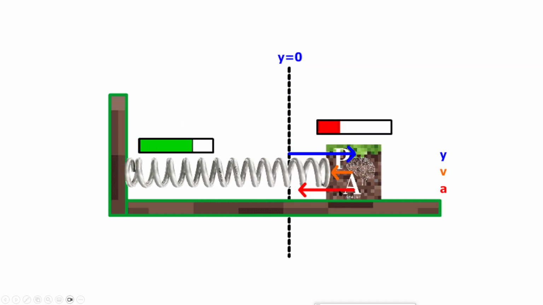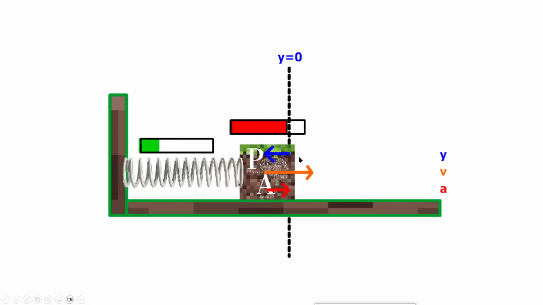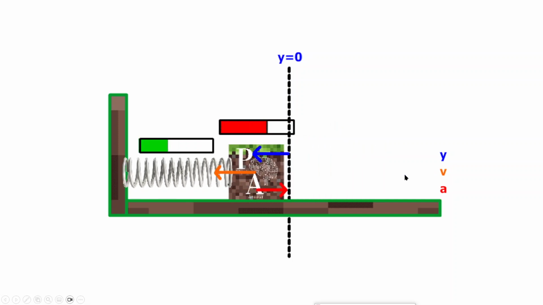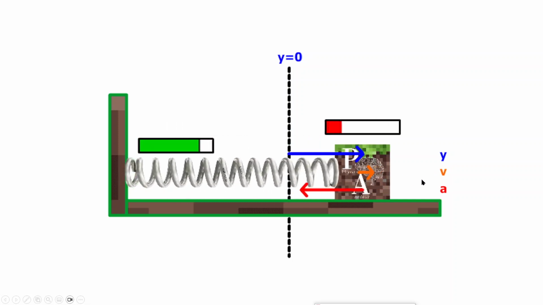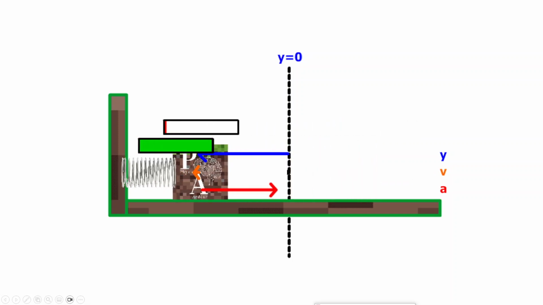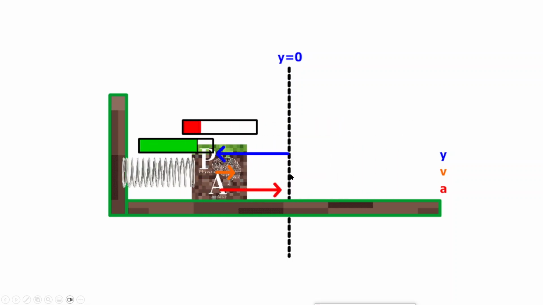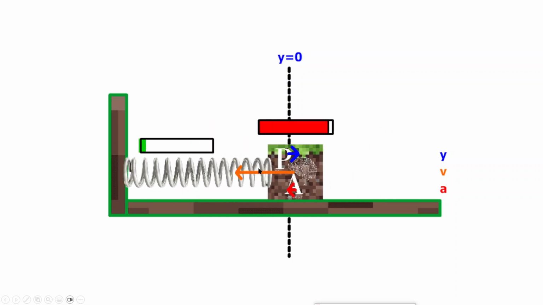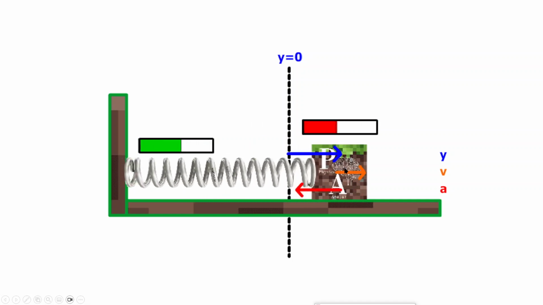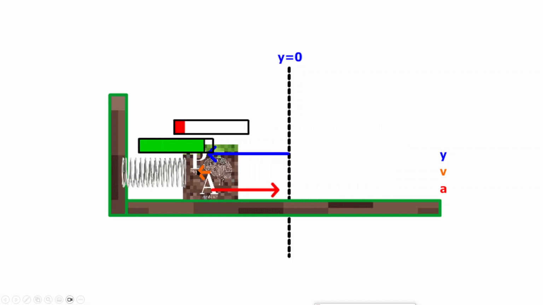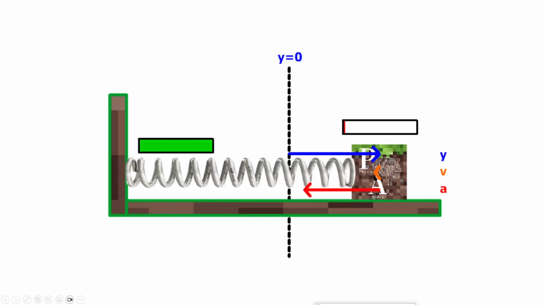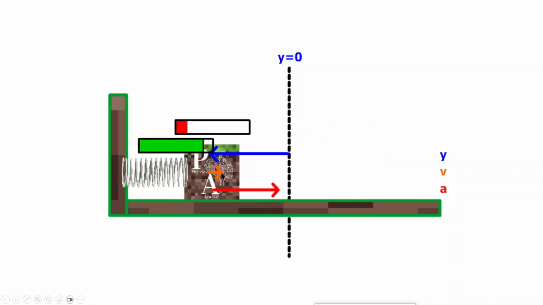That means they are proportional. Neglect the orange one, it is the velocity. Velocity is highest at the equilibrium. But at the amplitude, the velocity is 0.